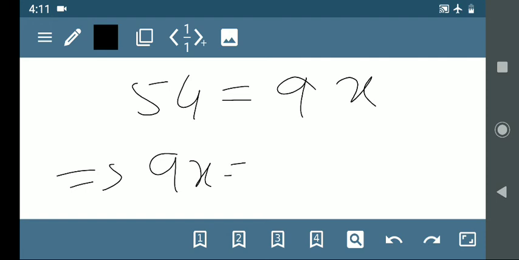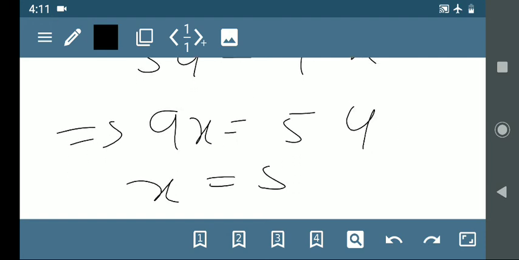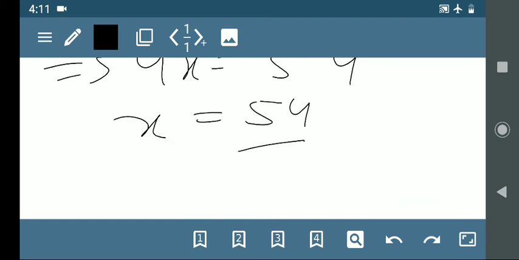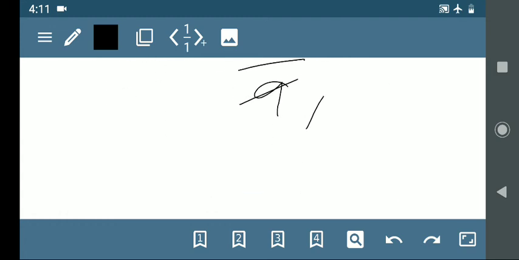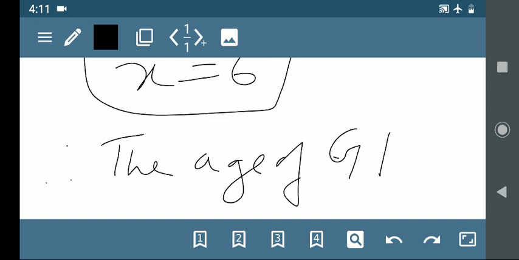X is equals to 54 divided by 9. So 9 6s are 54. X is equals to 6. Therefore, the age of granddaughter is equals to 6 years.